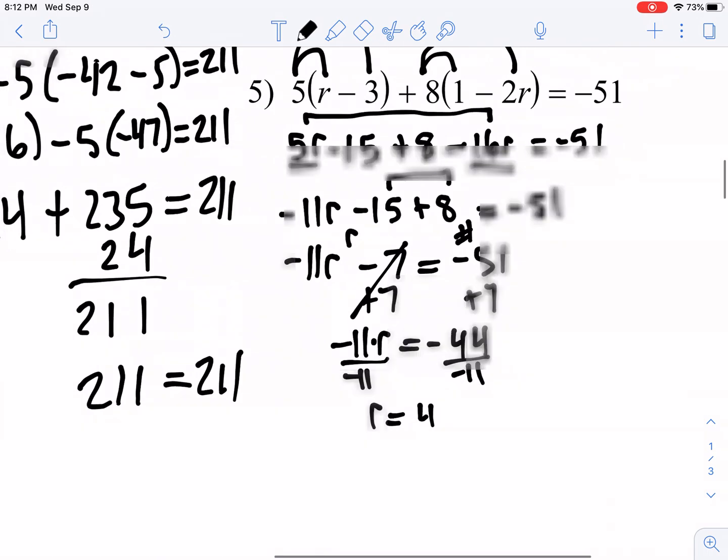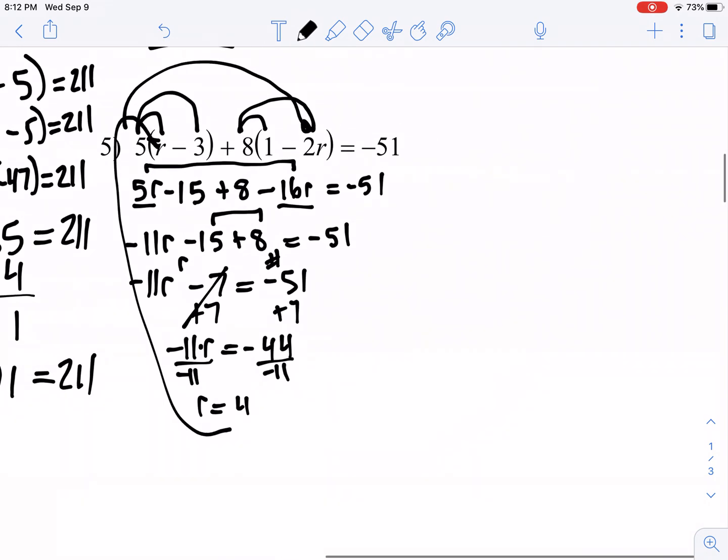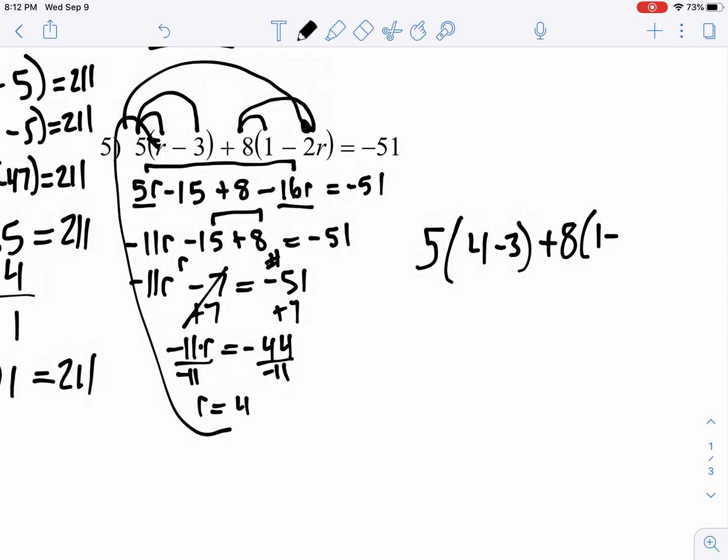So now we want to check, plugging it back in to each r, this r and this r, and I'm going to write it out to the side. We get 5 times 4 minus 3 plus 8 times 1 minus 2 times r, right? So we'd have 2 times 4. And we want to see if that's equal to a negative 51.